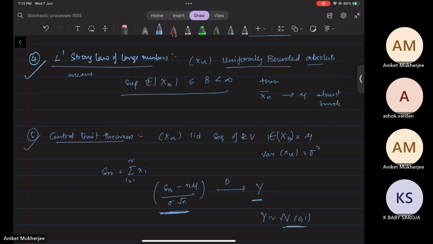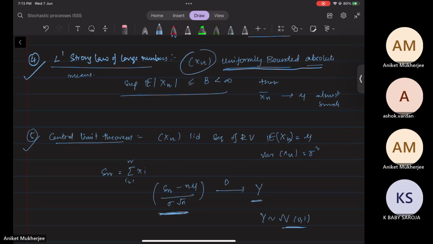The strong law of large numbers says that if you have a sequence of random variables and the mean is uniformly bounded and the absolute mean is uniformly bounded, which means this, then the sample mean converges to mu almost surely.